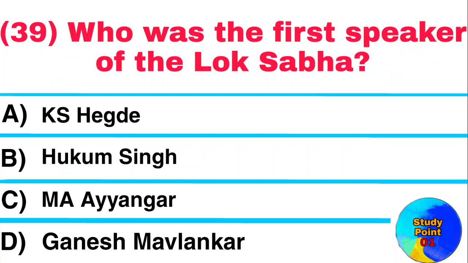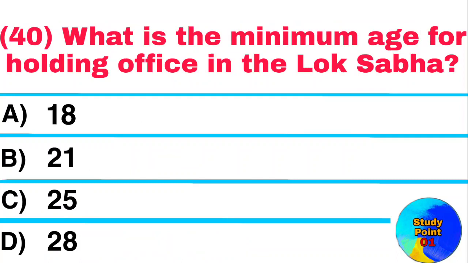Question. Who was the first Speaker of the Lok Sabha? A. K.S. Hegde. B. Hukam Singh. C. M.A. Iyengar. D. Ganesh Mavlinkar. Answer. Ganesh Mavlinkar. Question. What is the minimum age for holding office in the Lok Sabha? A. 18. B. 21. C. 25.